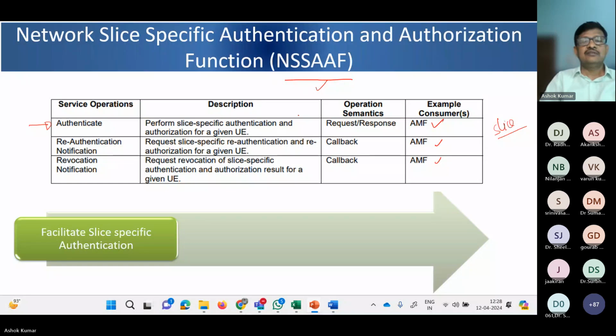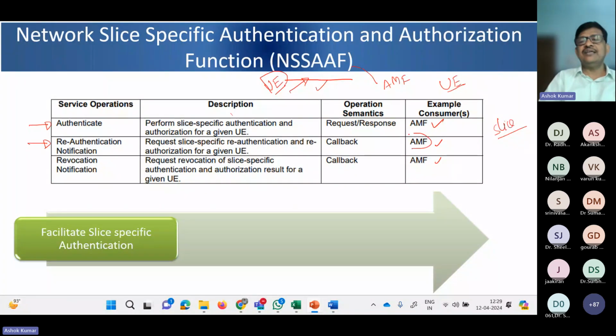The next two are related to, for example, a particular time when this network function may want the user equipment to be re-authenticated. This is some sort of notification. The NSSAAF notifies the AMF that the UE which is being served in a particular slice needs to be re-authenticated.